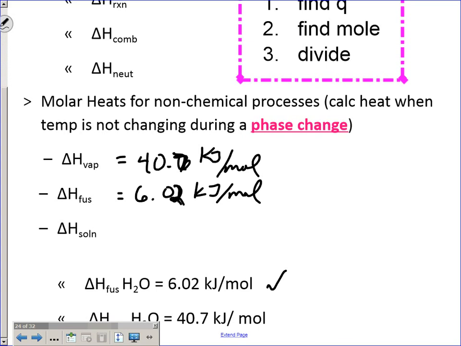Okay, so these values obviously are very different, right? And somebody can maybe postulate why ΔH_vap is so much bigger than ΔH_fus. What is this energy doing? Okay, so we're taking this one from liquid to gas, and this one from solid to liquid.